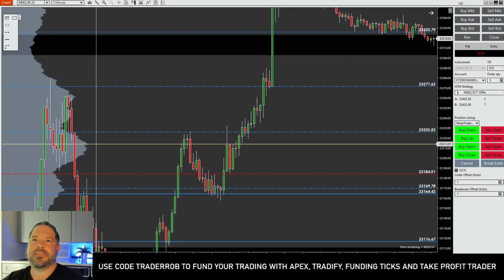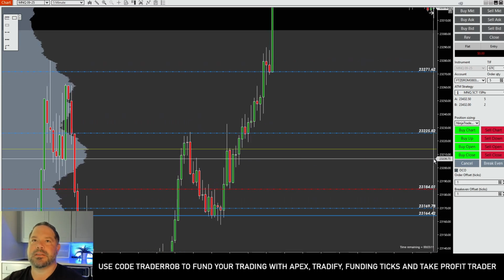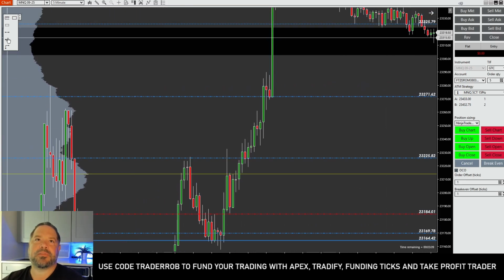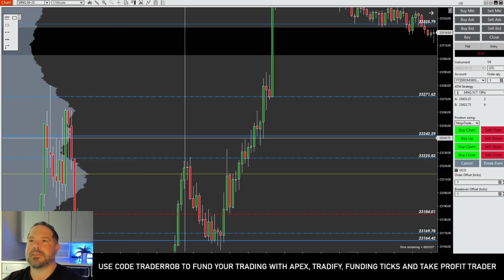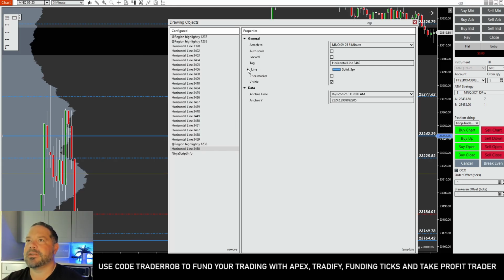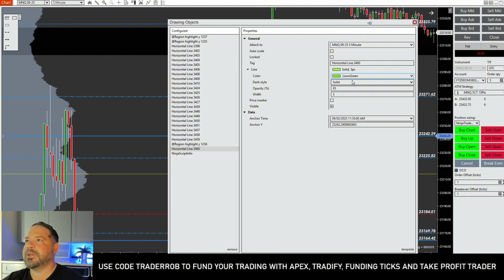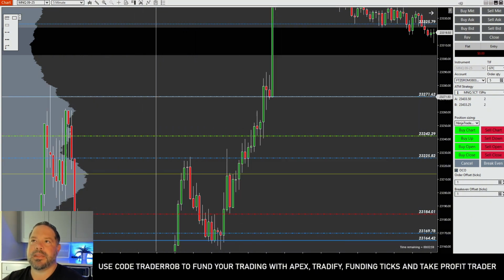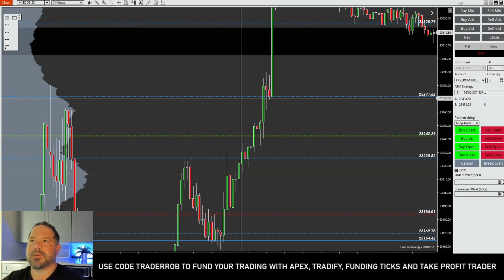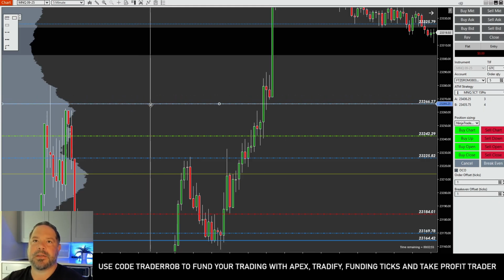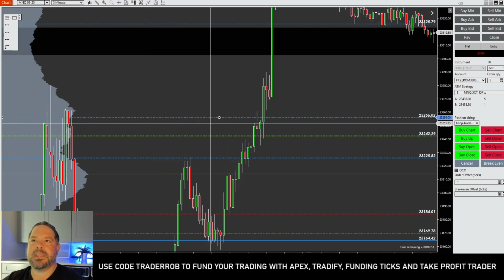And then as far as take profit, your first easy take profit would be right here, top of that node. So I'll make that green. And then you got a lot of volume sitting right there. I would probably bring it right underneath this peak.